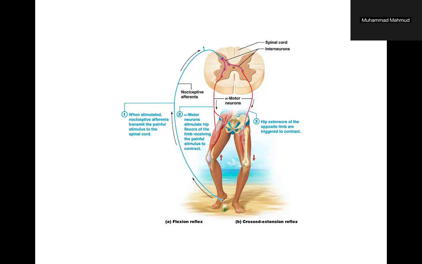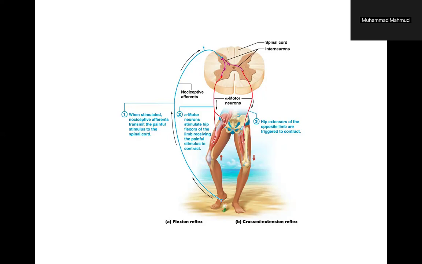But this is not all. Something else, number three: the right leg is moved away, but the hip extensors of the left leg will be triggered to contract so that the left leg can be used for maintaining your balance. Otherwise, we will fall down. Think about it.